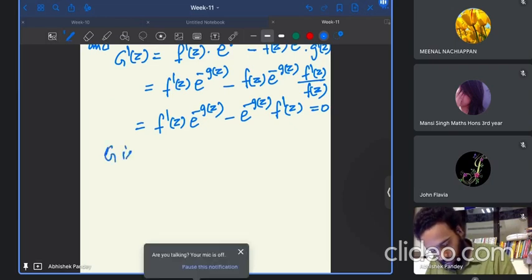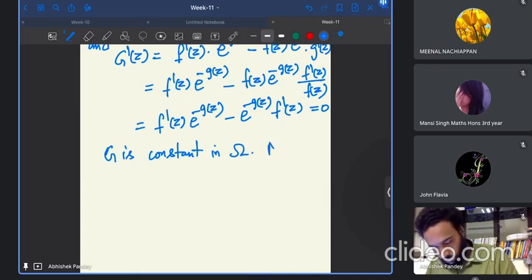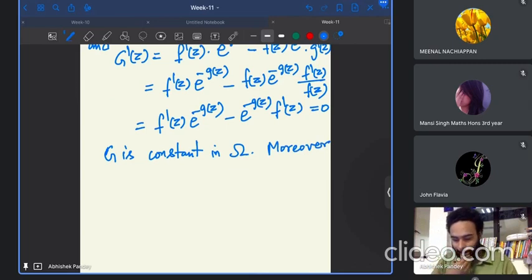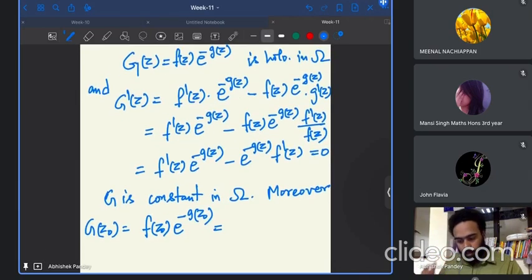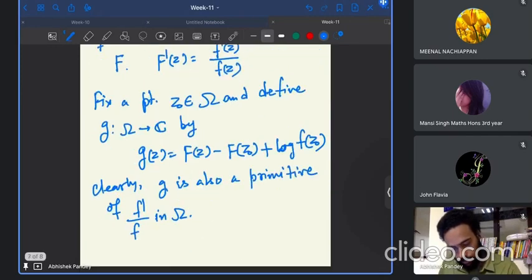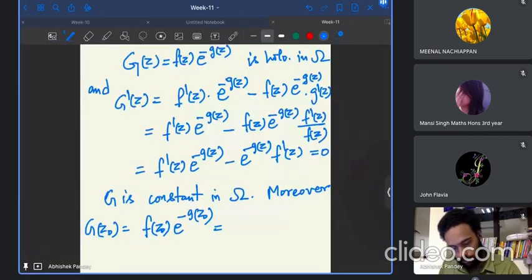So this gives G is constant in omega. Moreover, what is G of z naught? It is f of z naught into e to the power minus g of z naught.